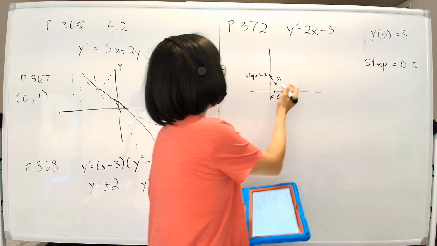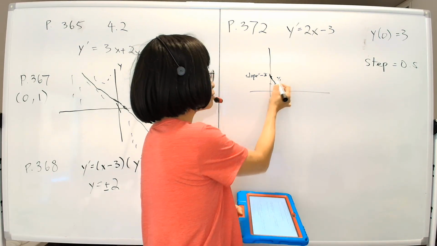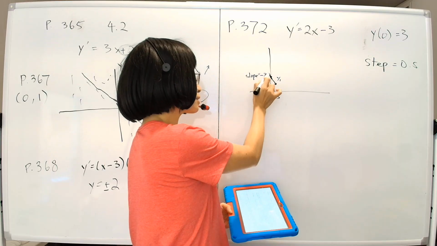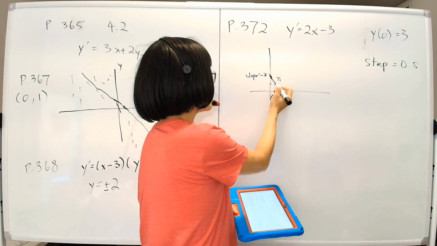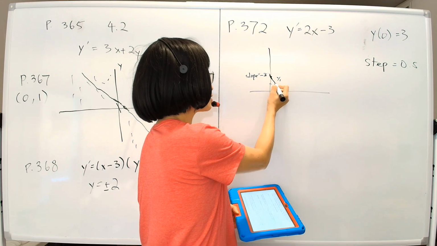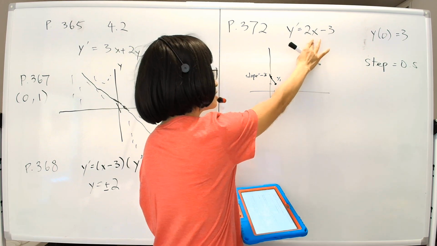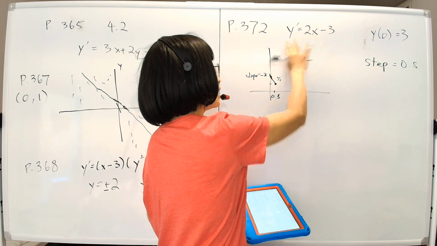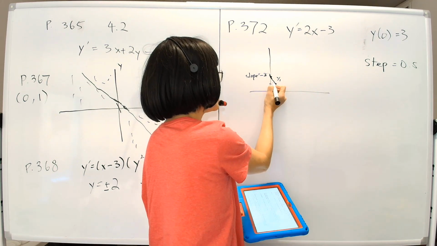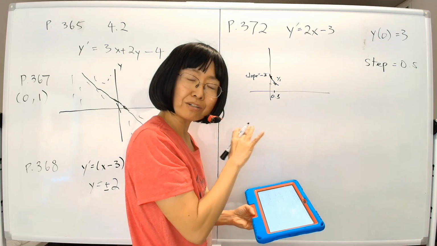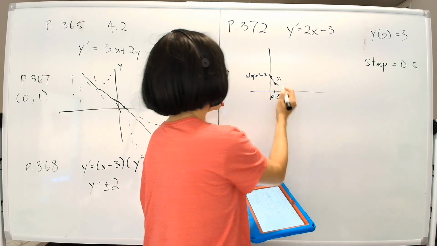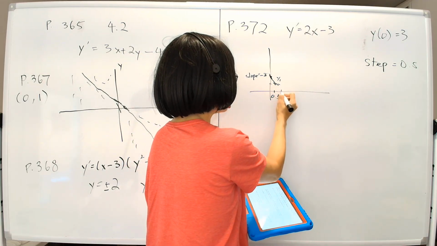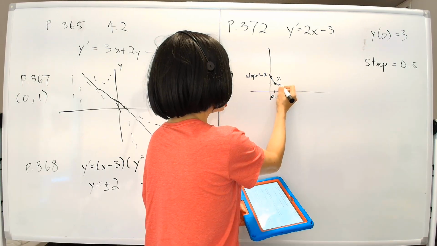We don't care. Once we calculate y1 from the line, we repeat the process and figure out what the slope is here. Plug in x equal to 0.5 right here, and it gives you some other slope. With that, you come up with the point slope formula and draw another line. The step is 0.5, so the next step is 1, and you get here.